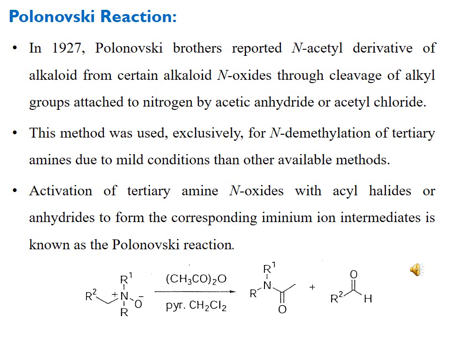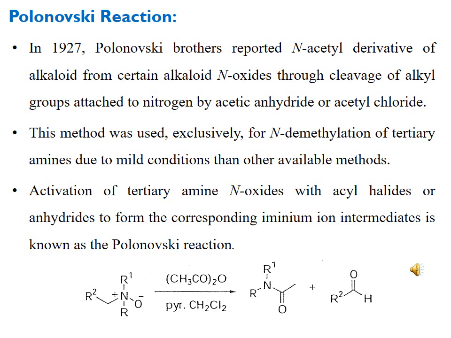First of all, the tertiary amine N-oxides are taken, and they are activated by the use of acyl halides or anhydride, and this activation results in the formation of an iminium ion intermediate. This iminium ion intermediate has stability which varies depending upon its formation, and in some cases it reacts at the same time.